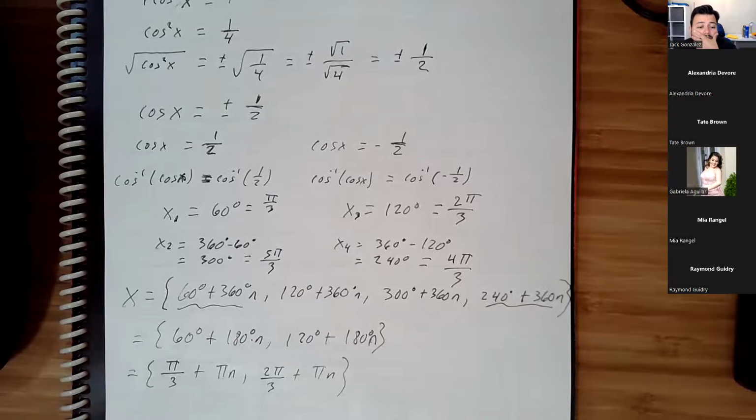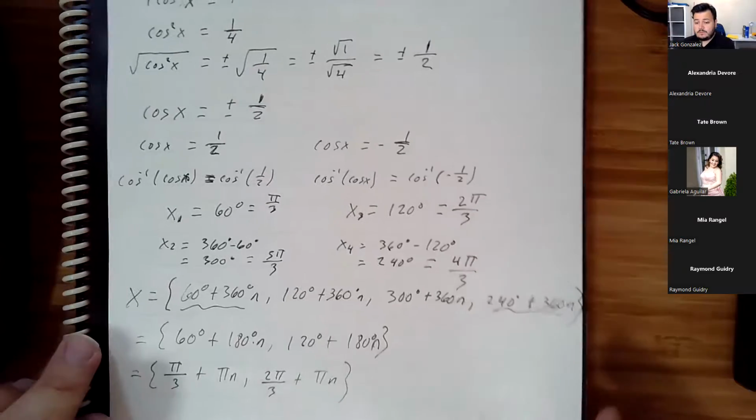So they're not always going to be just a single sine or a single cosine. Sometimes you have to factor and you'll have multiple trig functions. Let's do a different type. Okay.